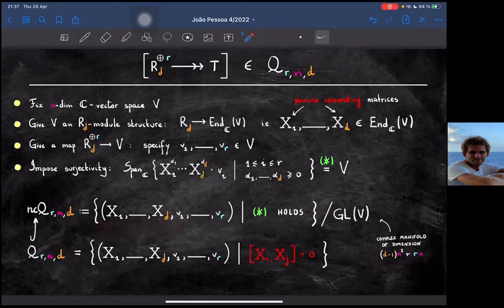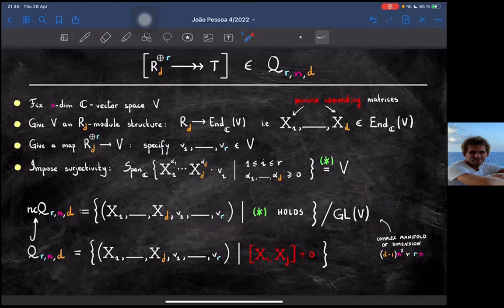But I remove 1 because of this quotient. And then I have R vectors. So the dimension is easy because we have d matrices n by n, so it's dn square, but I remove 1 n square because of this quotient, and then I have R times n because I have R vectors.